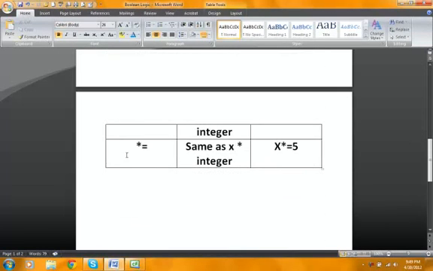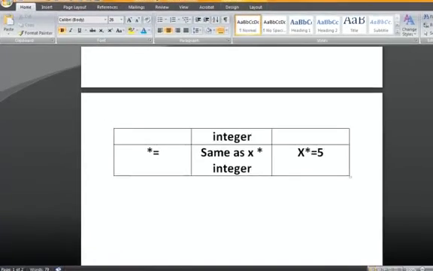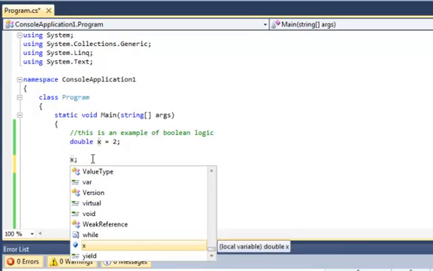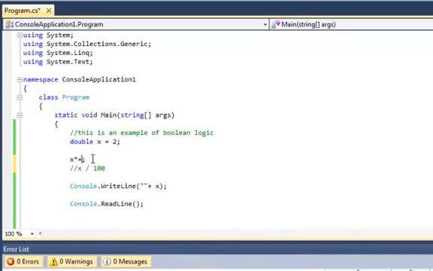And the very last one that I want to show you is asterisk equals. And this should also be slightly familiar to you, because I could say x asterisk equals 2. And then we would get 4.